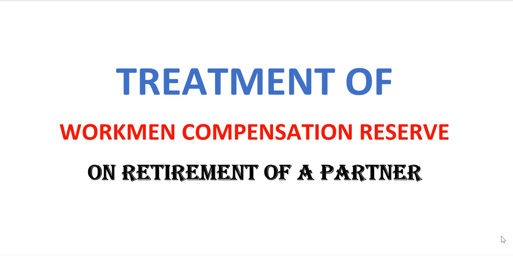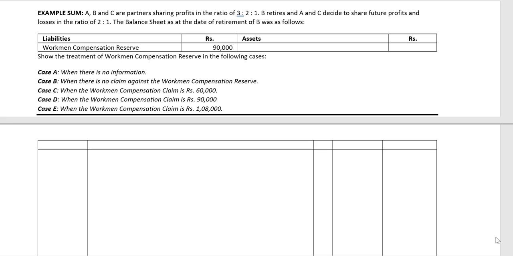Let's go to the example sum. A, B and C are partners sharing profits in the ratio of 3:2:1. B retires and A and C decide to share future profits and losses in the ratio of 2:1. The balance sheet as at the date of retirement of B was as follows.